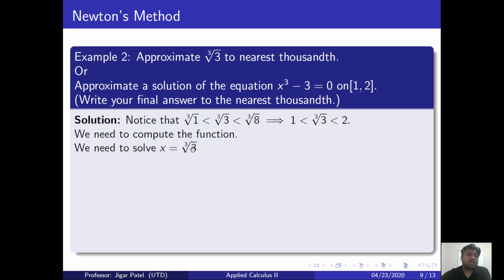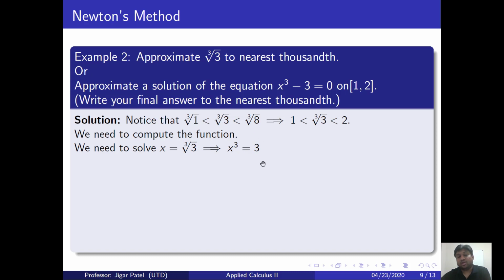Now I want to turn this into an equation. In order to do that, let's get rid of the cube root. Cube root is the 1 by 3 power, so take the cube on both sides. The cube root and cube cancel on the right-hand side, and on the left-hand side you get x cube. So you have x cube equal to 3.